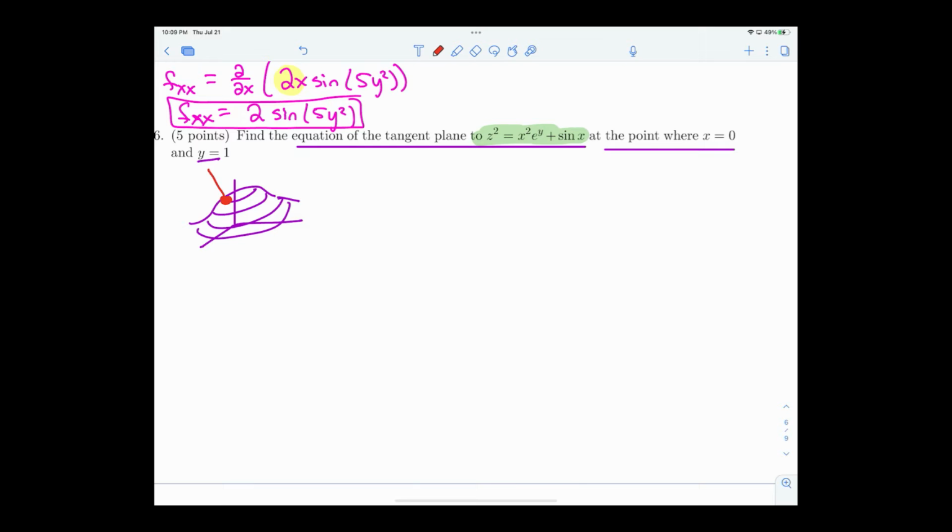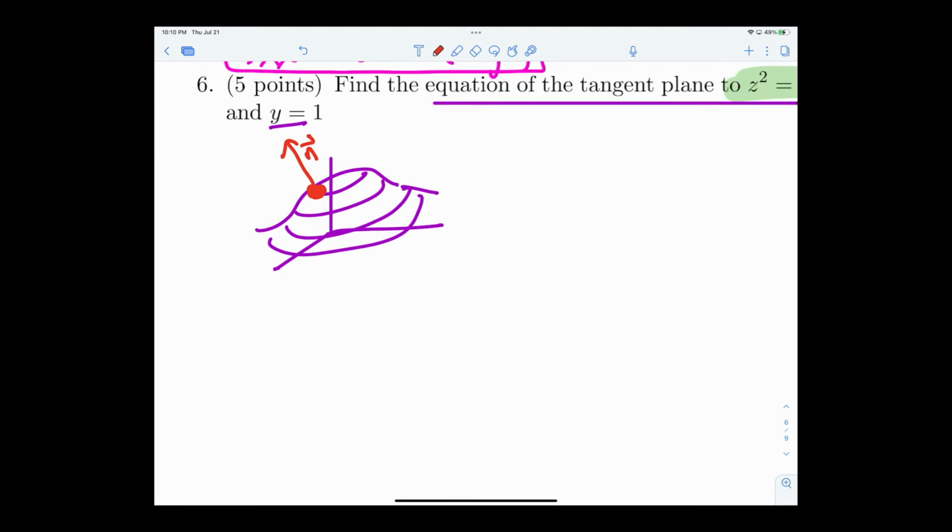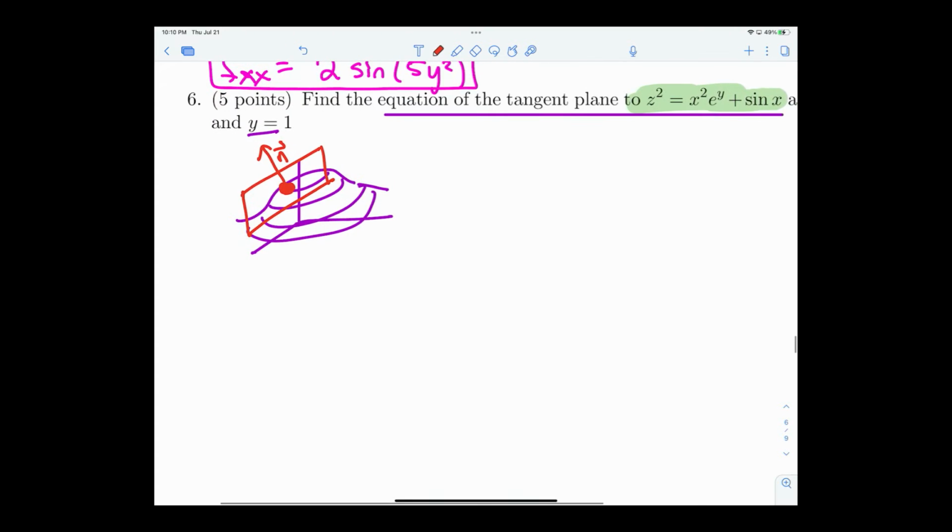That point has a normal, and that's the plane that we need to calculate. So we need the point and the direction vector for the normal to the plane, which will come from the partial derivatives.